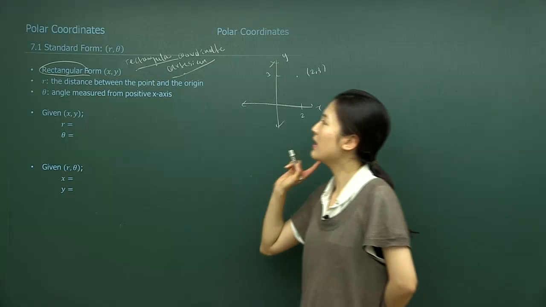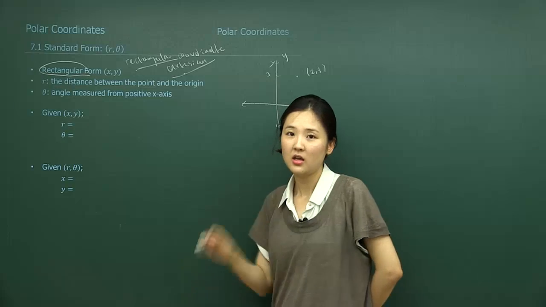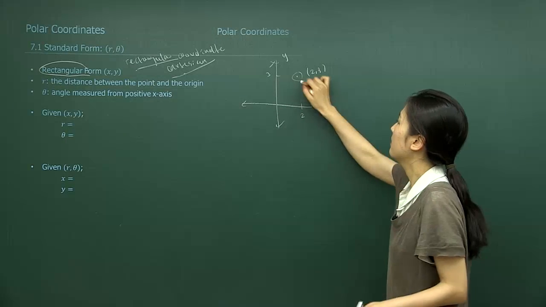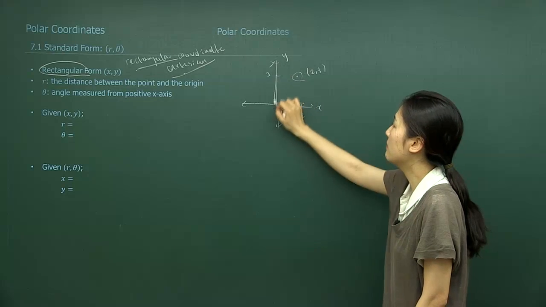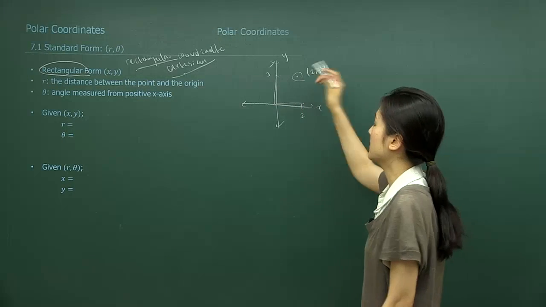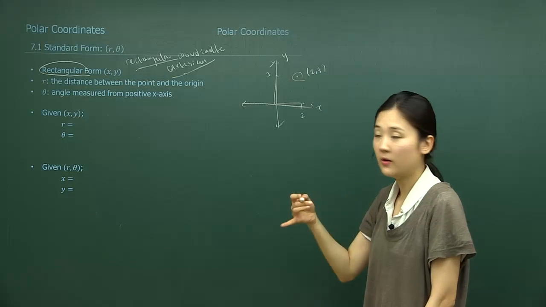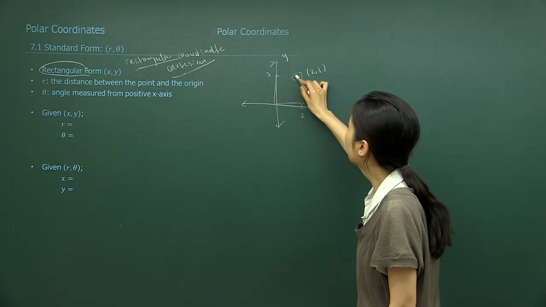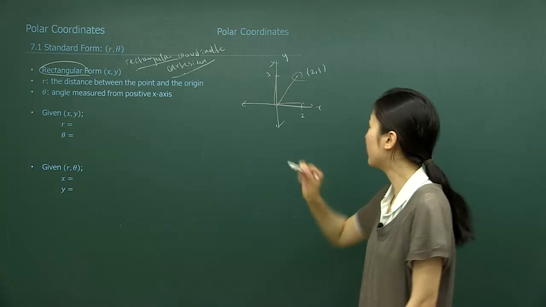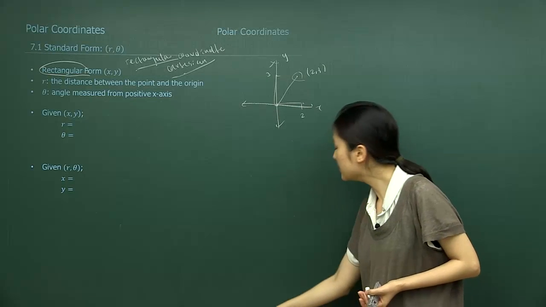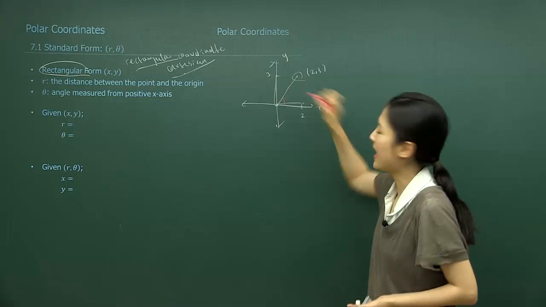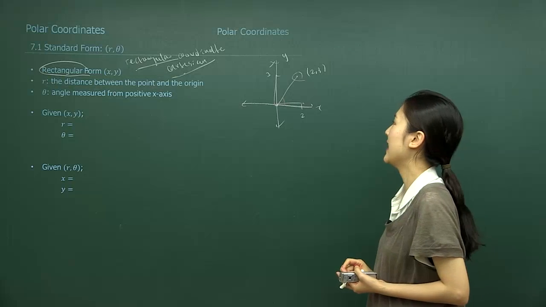However, a polar coordinate does not find the position of the point using the horizontal and vertical distance. Instead, it measures the direct distance from the point to the origin, and it measures the angle from the positive x-axis.